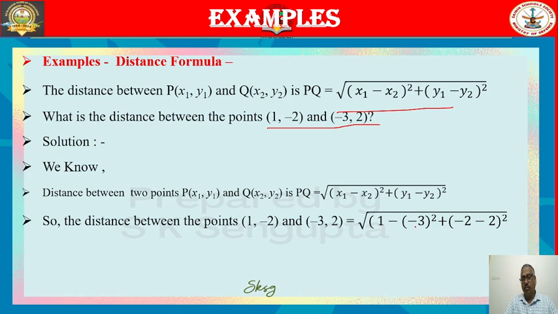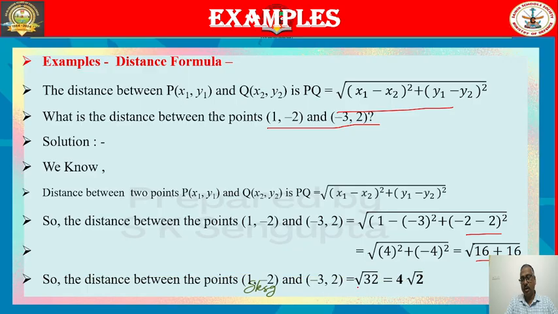So this is 1 minus of minus 3, which is 4, whole square, and this is minus 2 minus 2, which is minus 4, whole square. So 4 square plus minus 4 square, root over of 16 plus 16, root over of 32, which is equal to 4 root 2. That is the distance between these two points. If we plot in the coordinate system, we get the distance between them is 4 root 2.